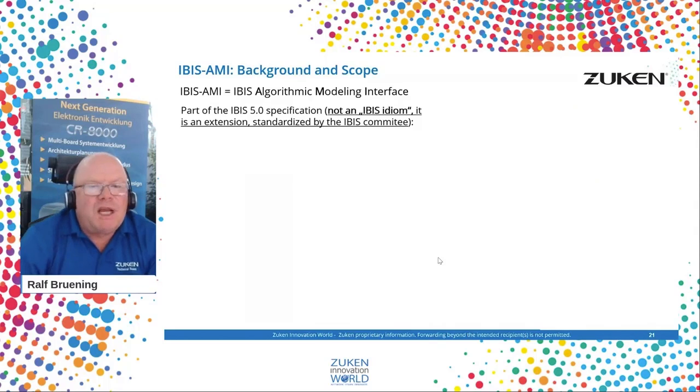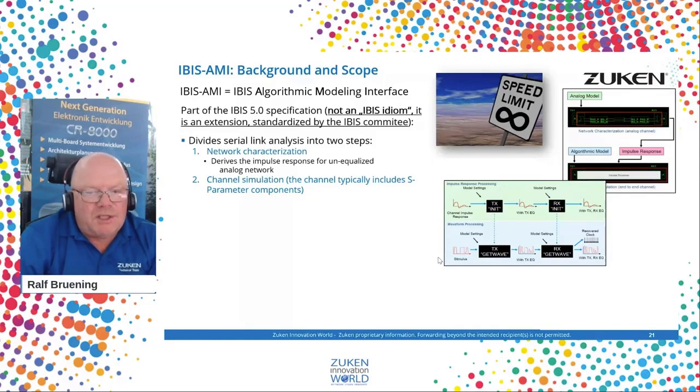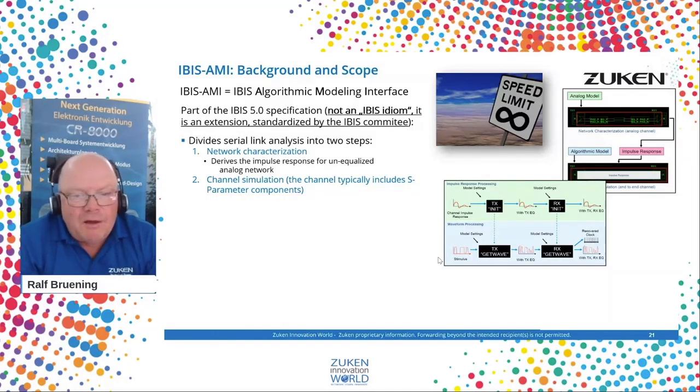The models are DLLs, which are executed by the simulator, and the DLLs can model TX pre-de-emphasis, and they can have the different filtering schemes at the receiver, regardless of whether it's FFE, DFE, or the other different equalization schemes which have been invented by the silicon vendors.